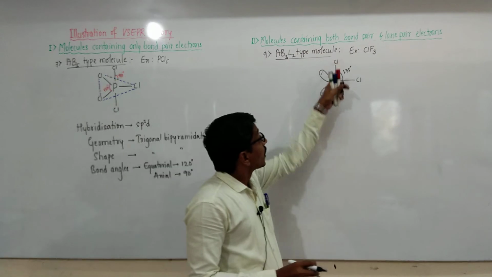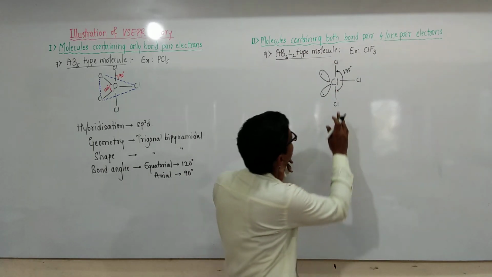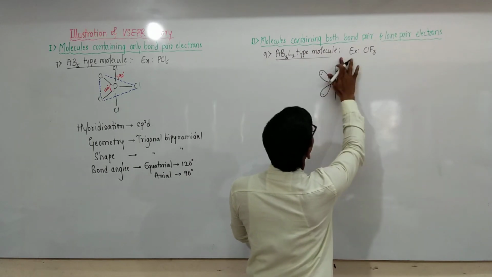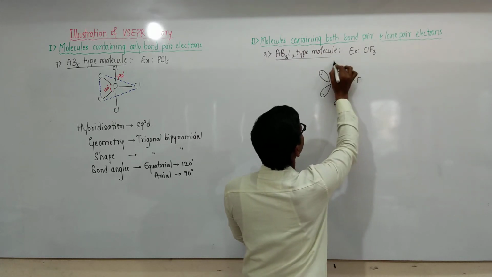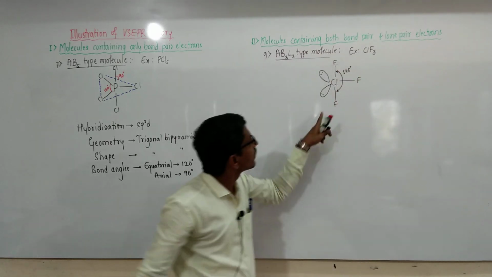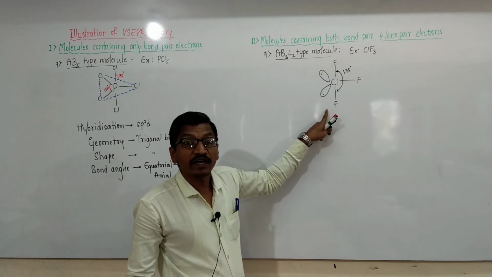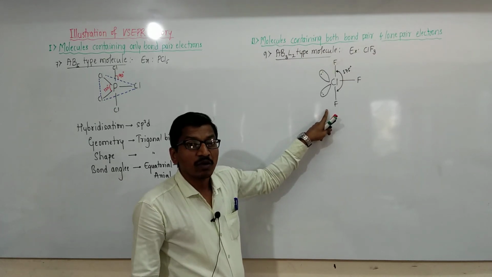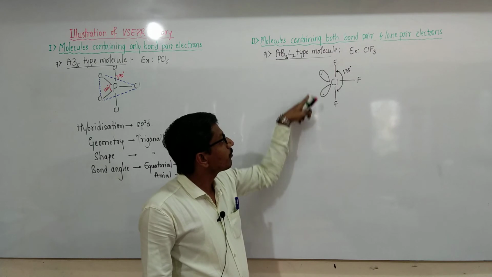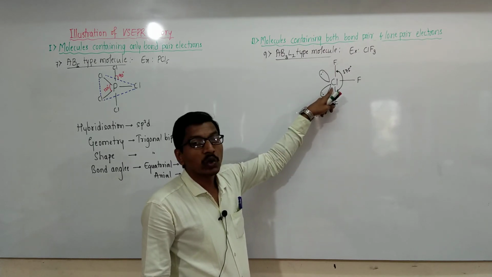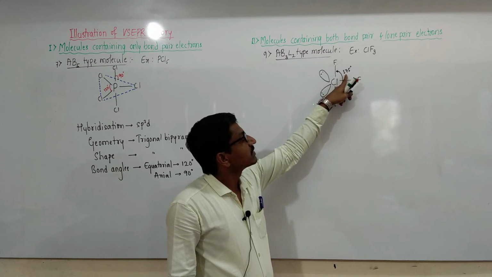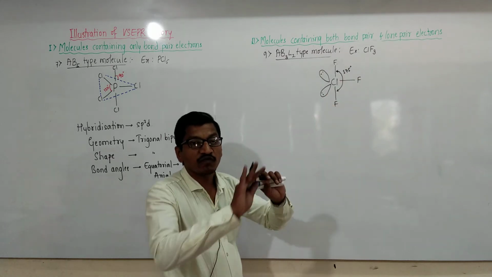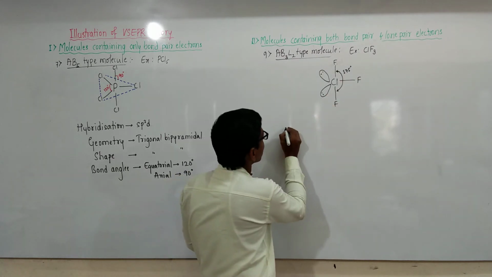These are the fluorines. The axial fluorine bond angle is 180 degrees under normal conditions, but due to the presence of lone pairs on the central chlorine, the bond angle is reduced to 175 degrees because lone pair repulsion is greater.